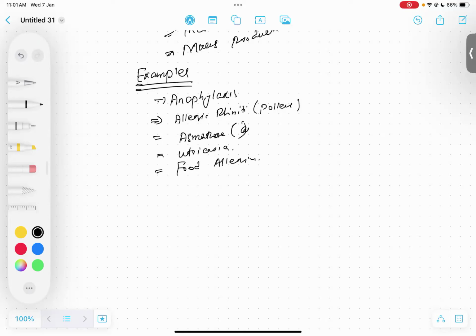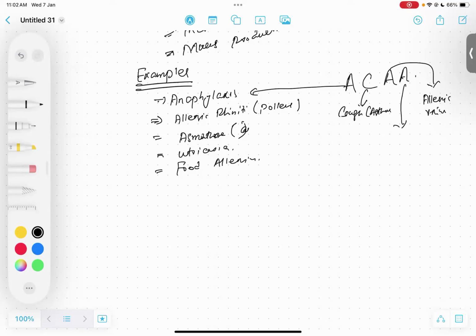Okay, doctors? Remember the mnemonic ACAA: anaphylaxis, C for cough, that means asthma, A for allergic rhinitis, and A for angioedema, that will lead to urticaria and this type of symptoms.